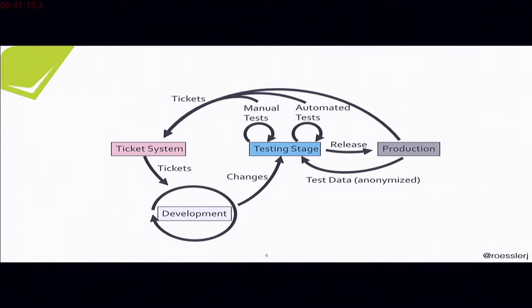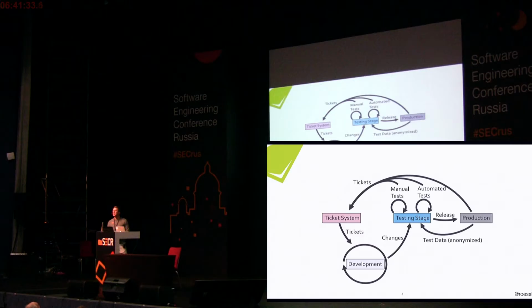If you think about what we have in terms of processes in the software development realm, then a typical process could look like that. So you have a ticket system where the bugs and the new features are documented. Then you have the development where the new features are implemented and the bugs are fixed. Those changes then are released to a testing stage where they are either manually or automatically tested or both.